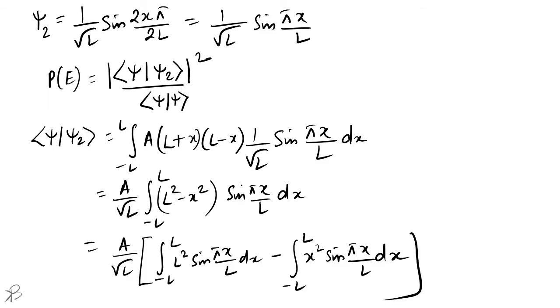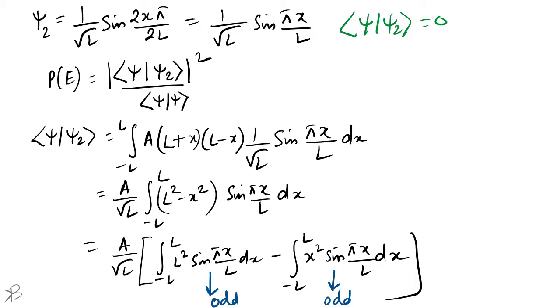Now clearly you can see that something is very clear in this integral. This integral is an odd integral. Even this integral is also an odd integral, because we have x square which is even and sine of pi x by L is odd. So the integral will be 0 because it is running from minus L to plus L, right? That is why the value of the overlap with psi 2 is 0.